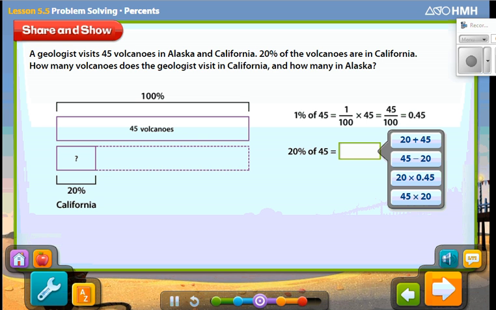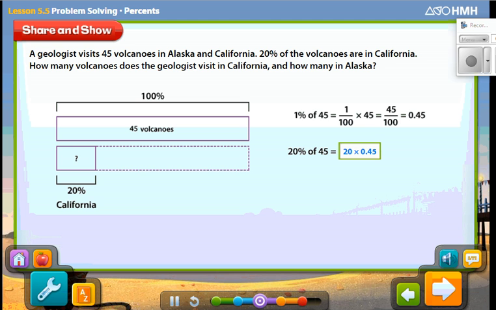What problem should you solve next to find how many volcanoes the geologist visited in California? Good job. You should multiply 45 hundredths by 20. So how many volcanoes did the geologist visit in California? Type the answer.